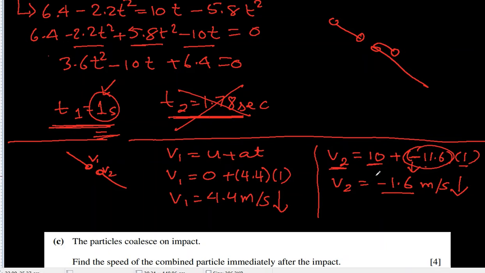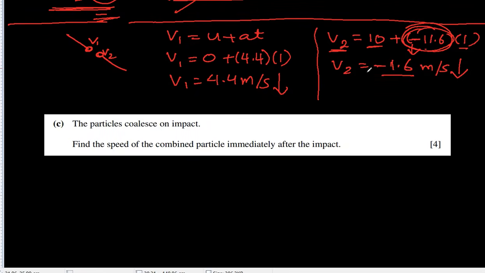That's what it means. Minus 1.6 clearly shows that it is in the direction of the acceleration, and for Q, acceleration is downwards. It is slowing down. Okay, so that is a very key idea here, because we will not use minus. Since it is also going down, we will give both of them plus, 1.6 meter per second here also. Both of them have the same direction.